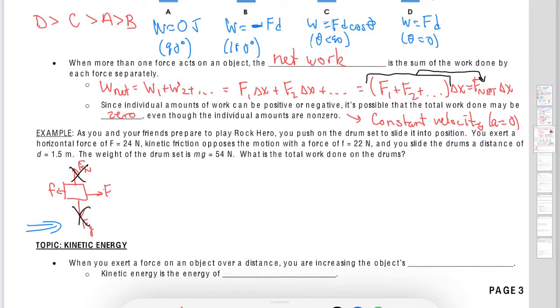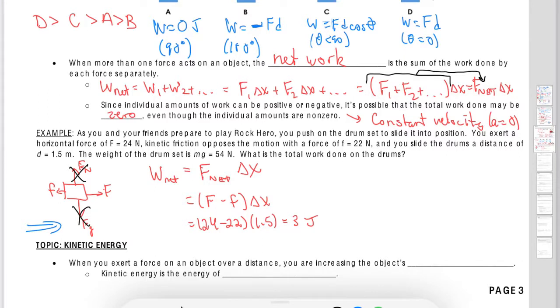So to find the total work done, I would just do the net force times delta X. The net force is simply the applied force minus friction. So I would do 24 minus 22 times 1.5 meters, which gives me a work done of 3 joules. That's one way you can do it.